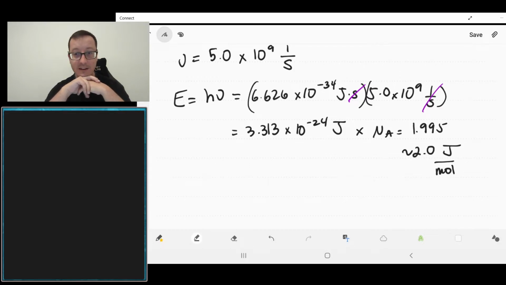That's not even enough to raise 1 gram of water by 1 degree Celsius, right? 1 gram of water is 1 ml, which is 1/5 of a teaspoon. So it's a tiny amount of energy. Tiny, tiny, tiny for an entire mole of these photons. So keep that in mind.